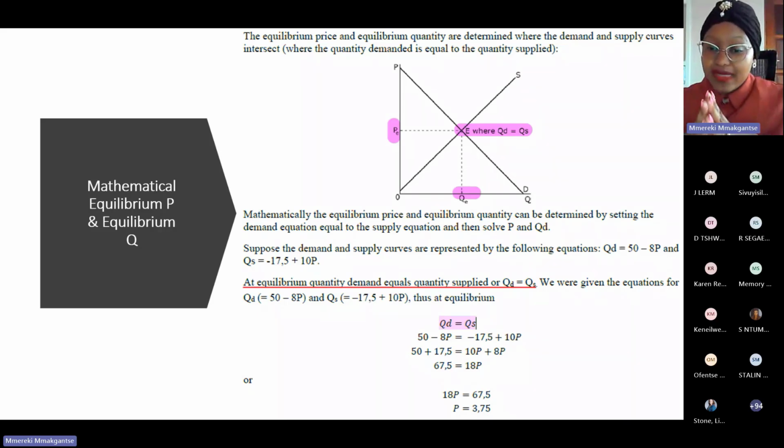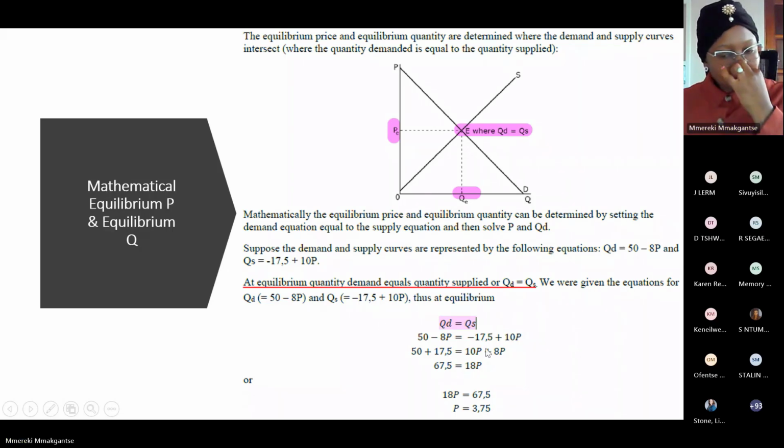Now, remember in mathematics, this 17.5 is negative on this side. When it jumps over, it becomes positive. So it is 50 plus 17.5 on this side. You combine the like terms.